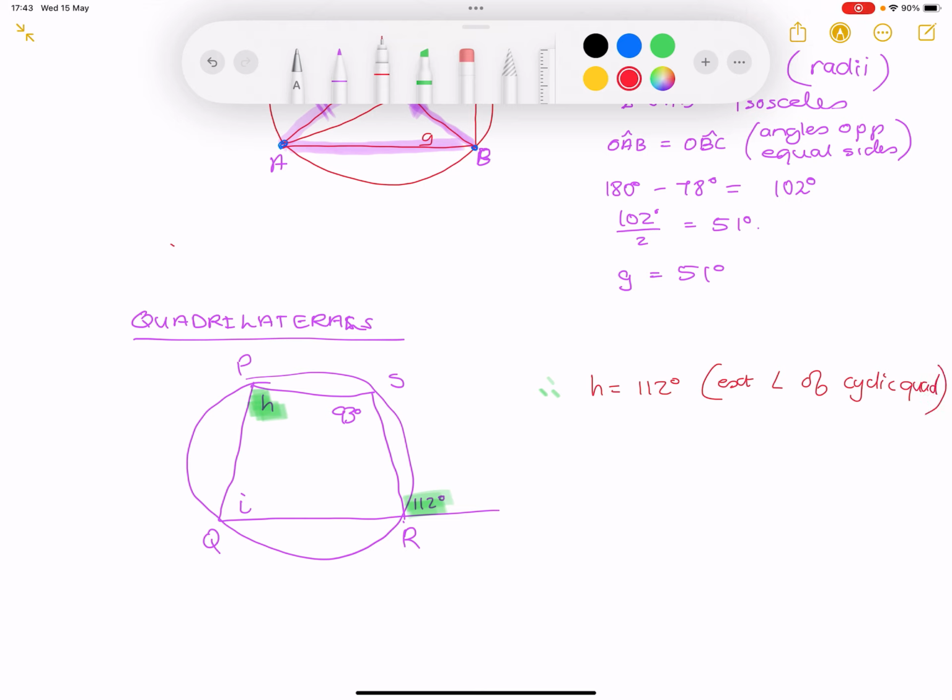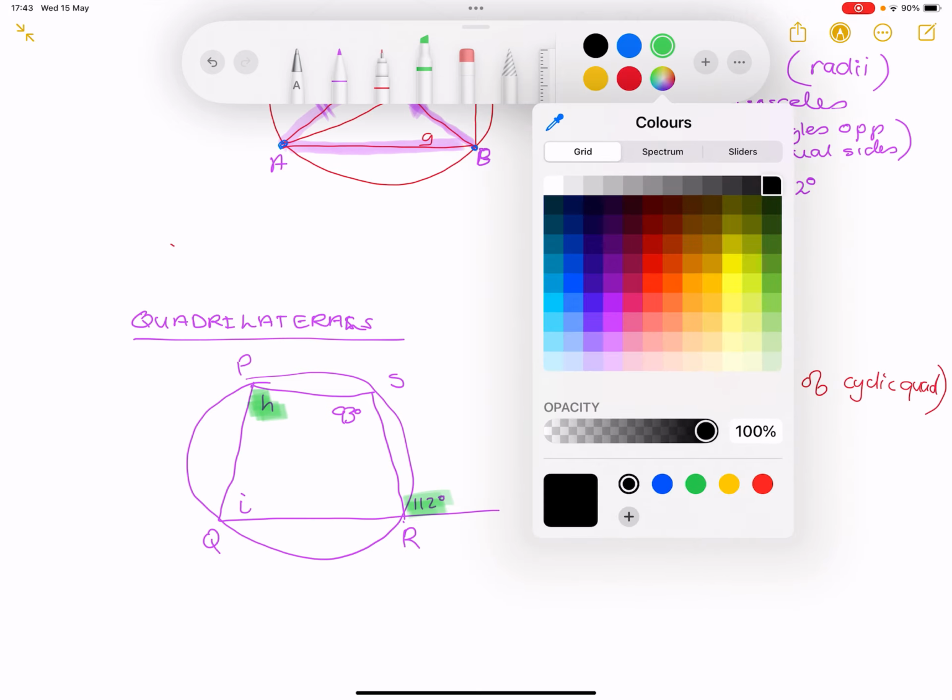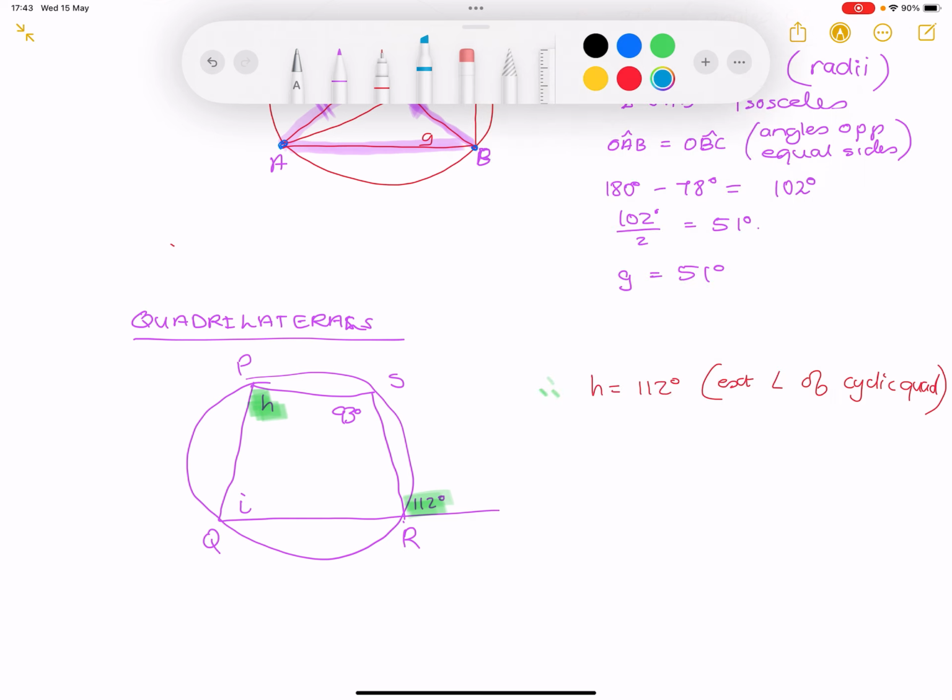Now, you know another thing. Let's do this one in another color. Now you see this angle. If you add those two, they will give you 180. You agree? Yes, ma'am. What is the theorem for that?